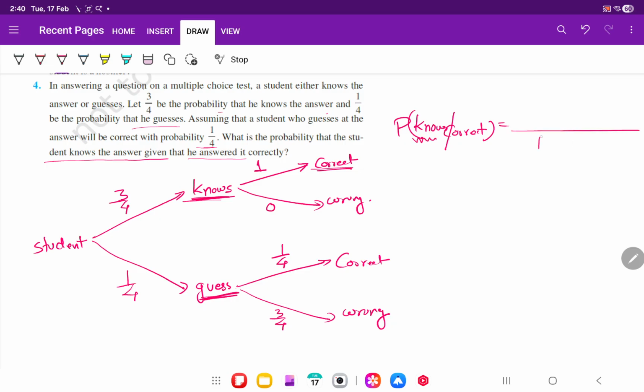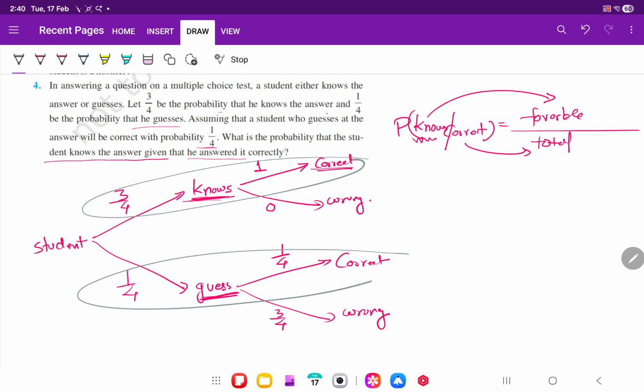It will be favorable by total. Total possibility that it is correct is either this or this, and out of that, this is favorable, that he knows.